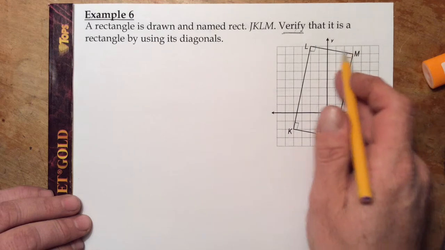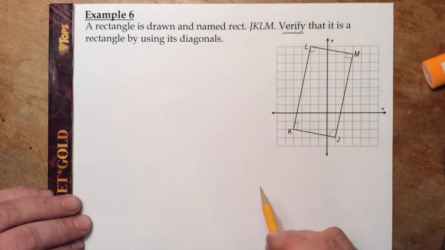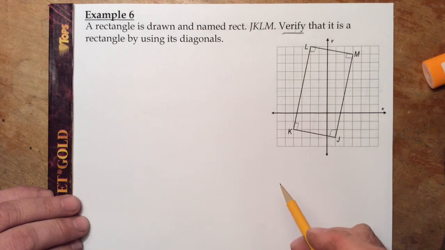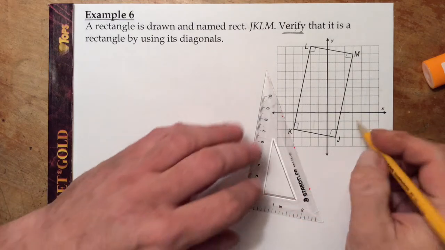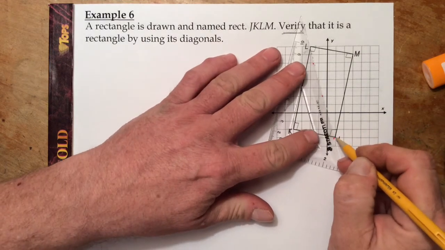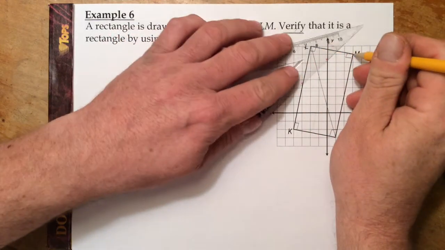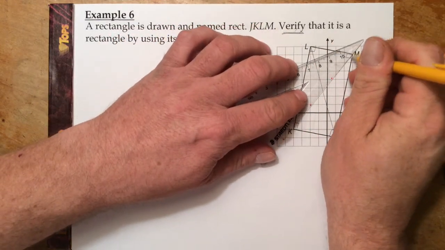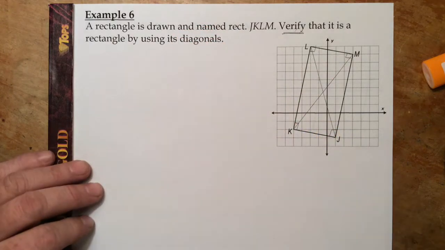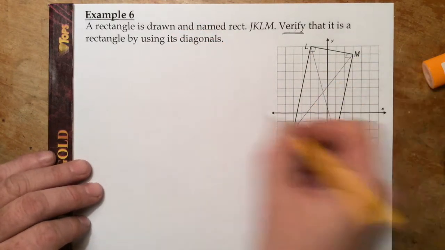We do know that diagonals in a rectangle are congruent. We also know, since this is a parallelogram, that diagonals bisect each other, but we don't need that one. So go ahead and draw a diagonal JL, or LJ, and draw the other diagonal MK, or KM. We know by geometry that these two diagonals are congruent.